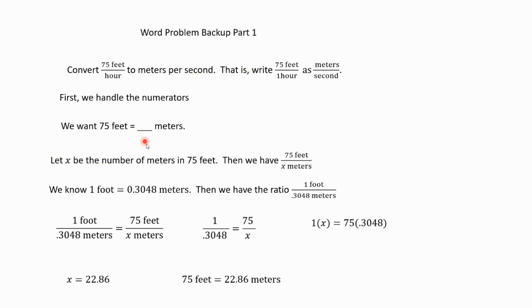This blank, the unknown, I'm going to call it x instead. So x is how many meters there are in 75 feet. And again, we get a ratio there, one ratio with unknown information. So we do 75 feet over x meters.